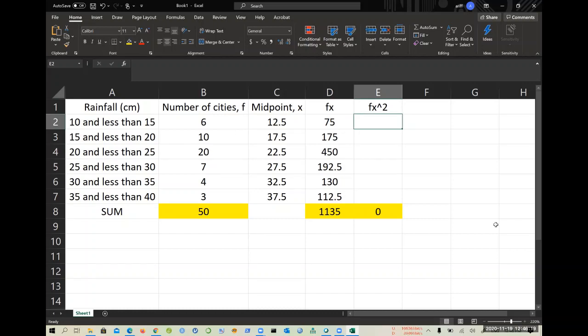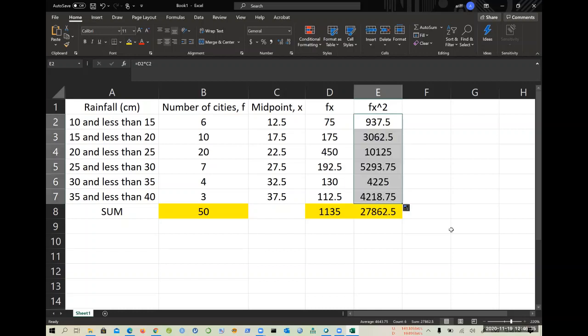So I just multiply this one once again with x. So you get this value. So that is the summation value.